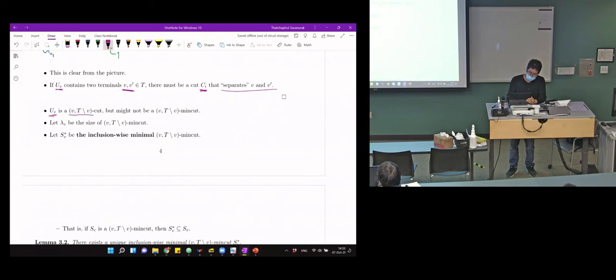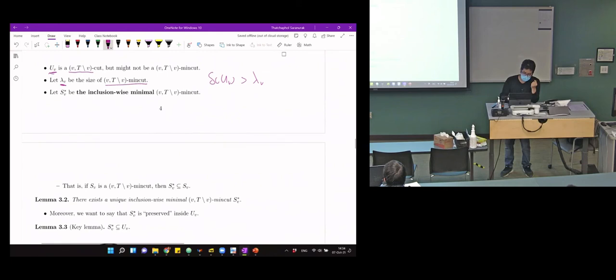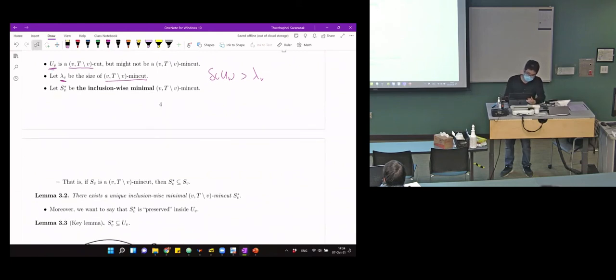Let's say that lambda V is the size of the min cut that separates V from the rest. The size of UV might be more than that, so UV might not be good yet. But the point is this.